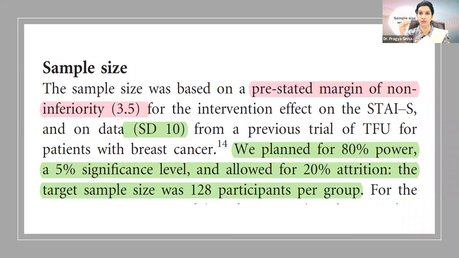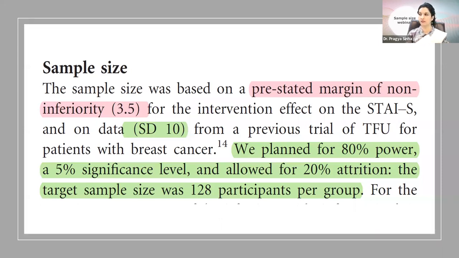So that non-inferiority margin is 3.5. They have taken the standard deviation as 10 from the previous trial, and they have kept the power at 80% and 5% alpha. So now you calculate what the sample size was.